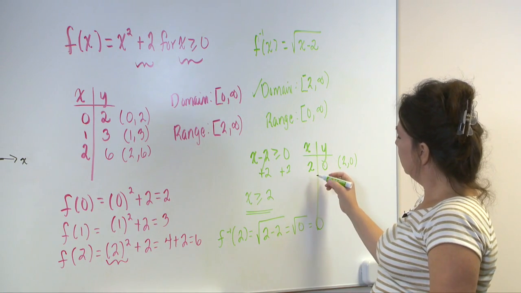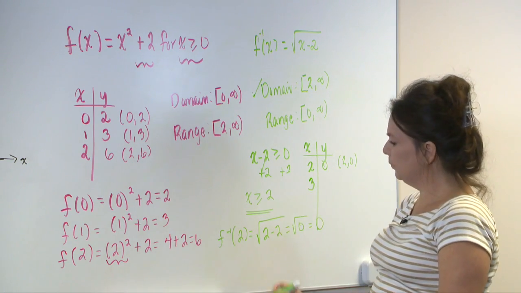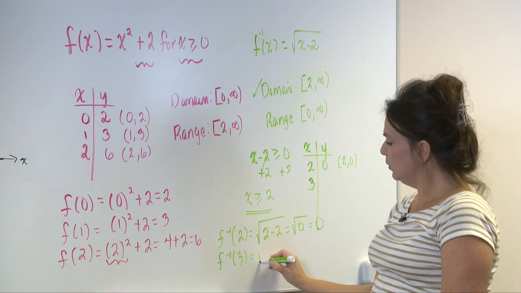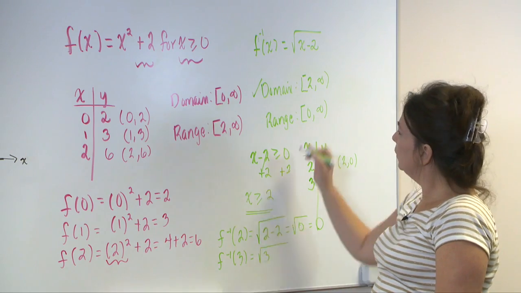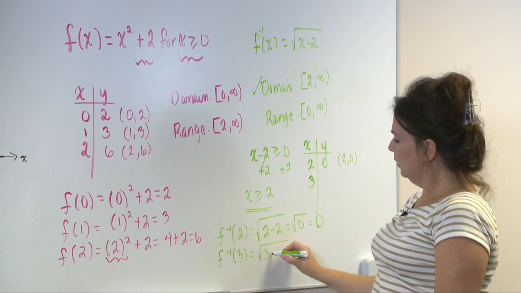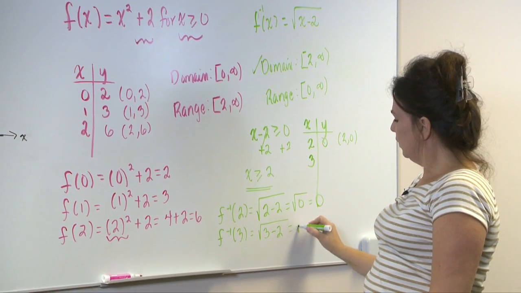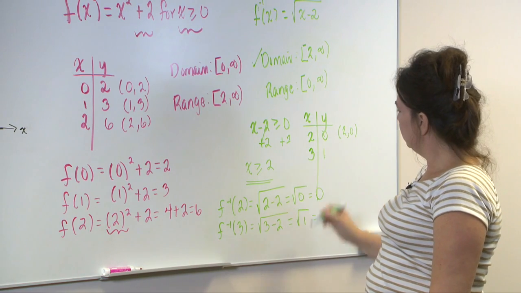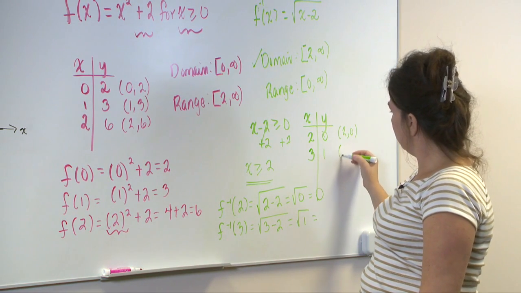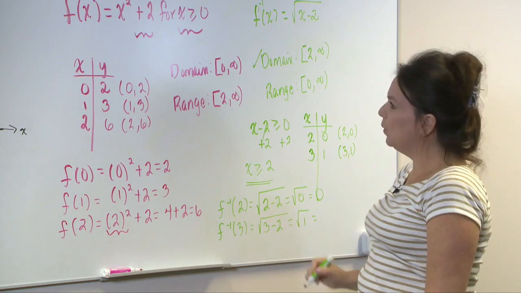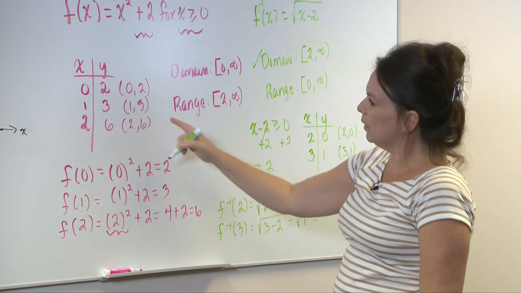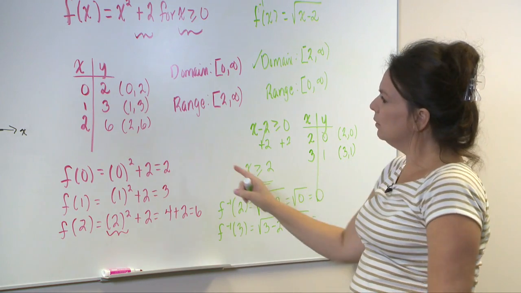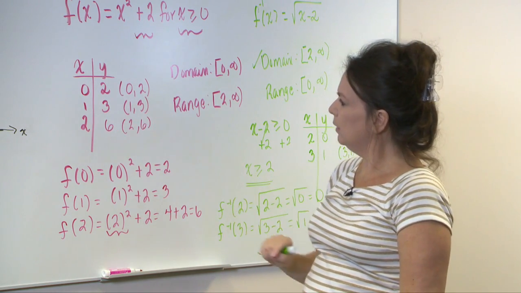The next value I'd like to plug in for x is 3. So f inverse of 3 is equal to the square root of 3 minus 2, which is the square root of 1, which is 1. And now I have the ordered pair 3, 1. Again, comparing that to the original function f, we have 3, 1 here, and we have 1, 3 here.